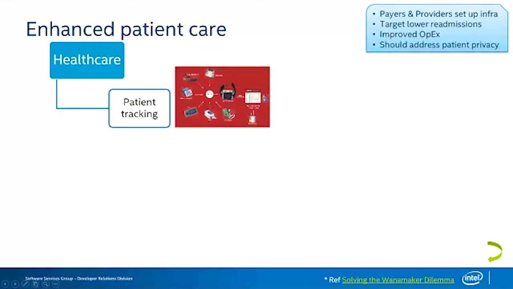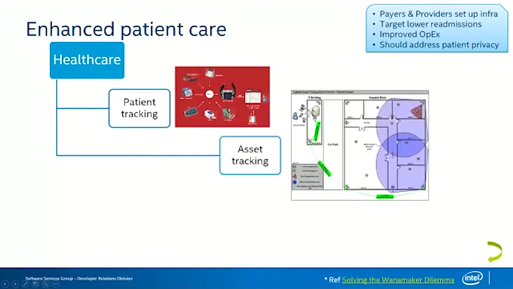And this is one of the, if you talk to anybody in the healthcare industry who's on the operations side and also on the medical side, they will say that readmission costs are really high. So from a patient perspective, also from the hospital perspective, it becomes really important. So patient tracking for IoT is significant.